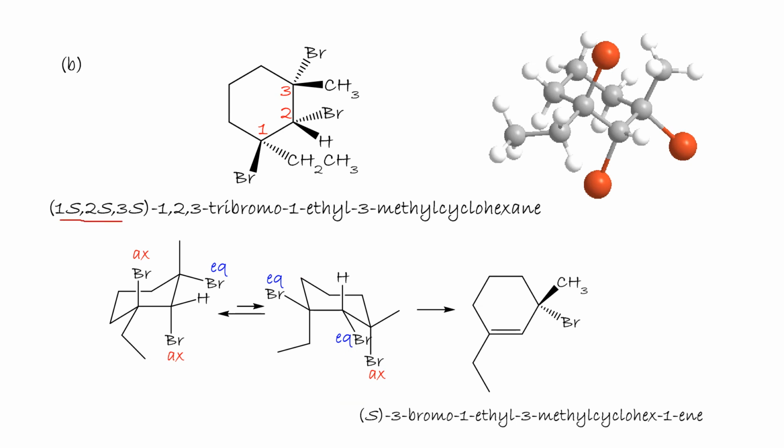Starting with 1S,2S,3S-1,2,3-tribromo-1-ethyl-3-methyl cyclohexane. Br is down, CH3 is up, Br is down, hydrogen is up. Here Br is up and the ethyl group is down. Again here, Br down, up, hydrogen, Br is down, Br is up and the ethyl is down.